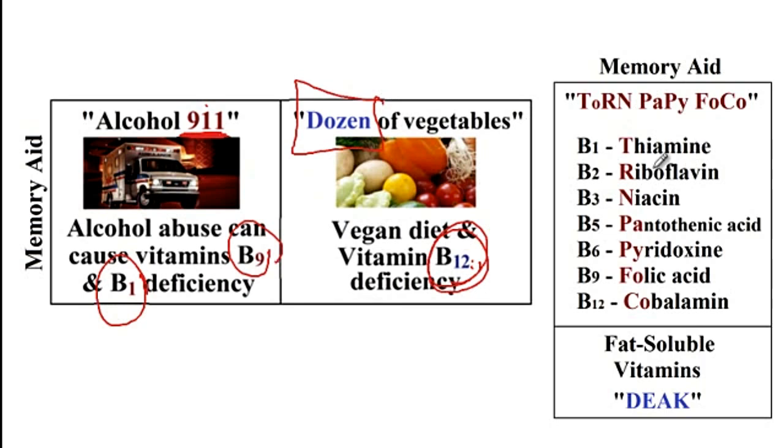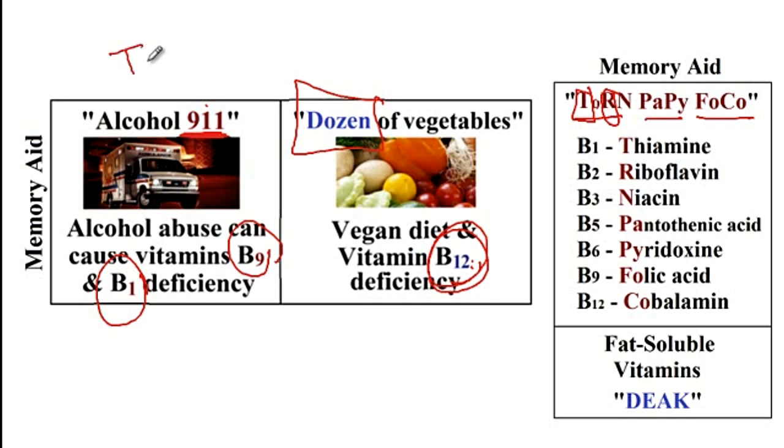And then if you have difficulty memorizing the name of every one of these vitamins, here I have another memory aid for you. So: Tor-N, Pop-Py, Fo-Co. T goes for thiamine, R goes for riboflavin, niacin, pantothenic acid, pyridoxine, folic acid, as well as cobalamin.